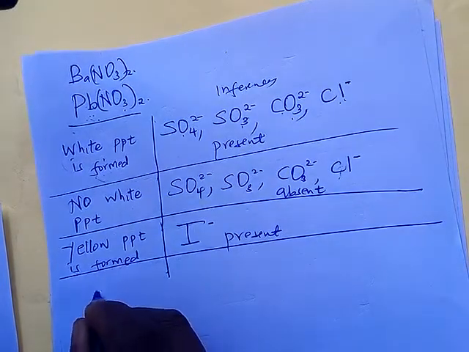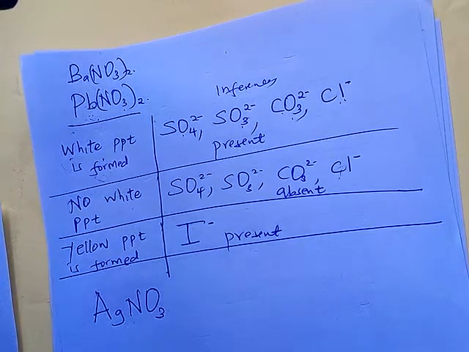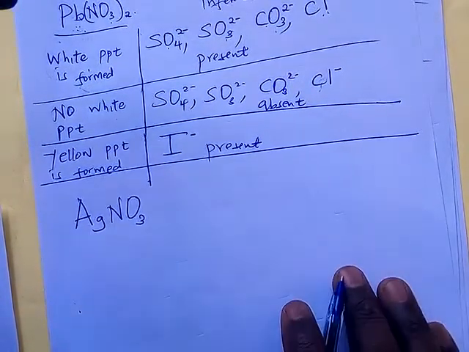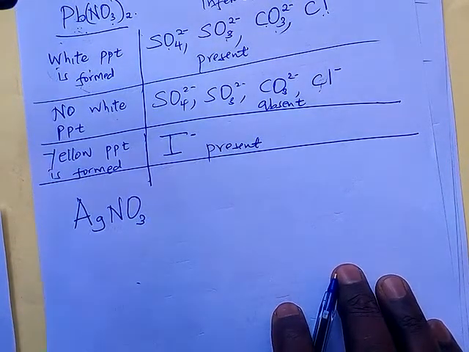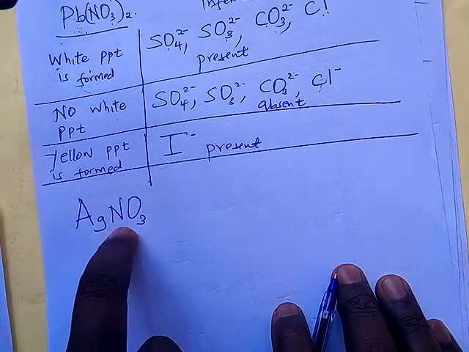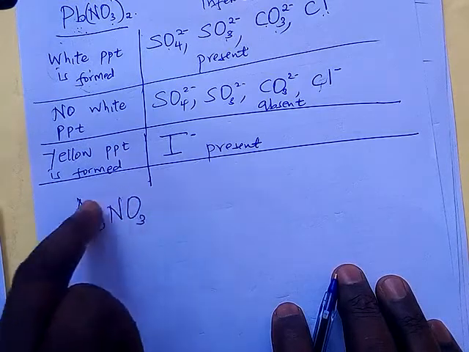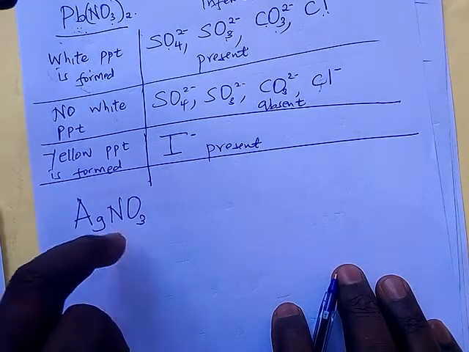Let me go to another reagent, that is silver nitrate. So what do you expect when you are using silver nitrate? For example, you have been asked, into the next test tube, add 2 drops of silver nitrate. So silver nitrate, remember silver forms a white precipitate with chloride ions.